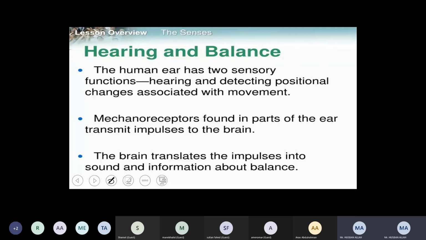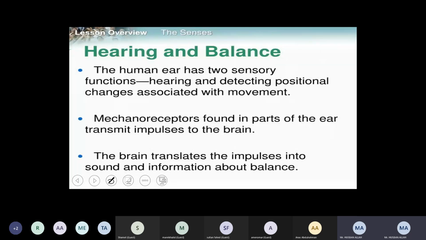For example, if someone is talking right near you, you can listen to it and feel the distance. But if the same person talks with the same volume from outside, you can feel that the person has moved from here. So two things we feel: hearing, and detecting the movement.